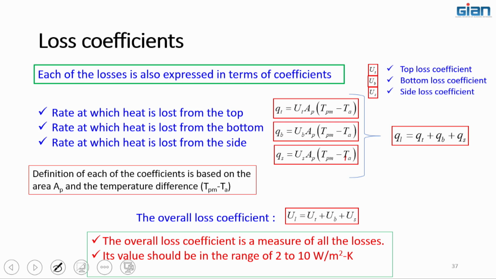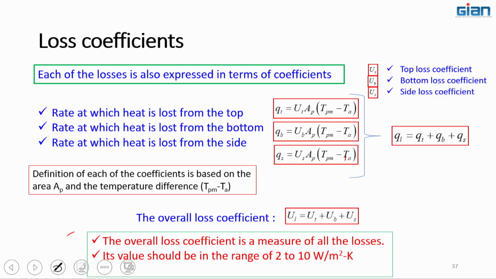If we sum it, these will cancel each other, and finally we can find that the loss coefficient UL is UT plus UB plus US. So now if you know these losses, then you can find out what your QU could be, and also you can give a check.